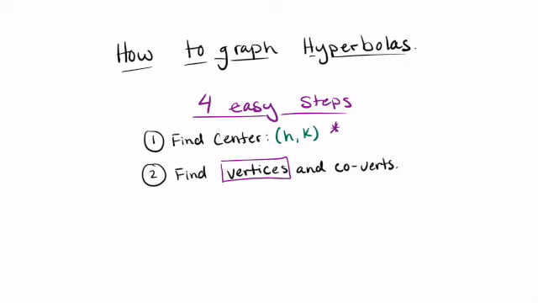My vertices are going to come from my transverse axis, and my transverse axis is whichever variable, x squared or y squared, is positive. Then I'm going to find my co-vertices. That's going to come from what's called my conjugate axis, and that comes from the denominator of whichever variable is negative. Okay, so I'll explain all of that in just a moment once we get to our example.